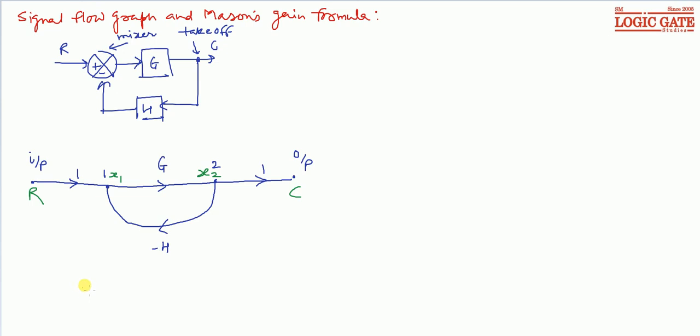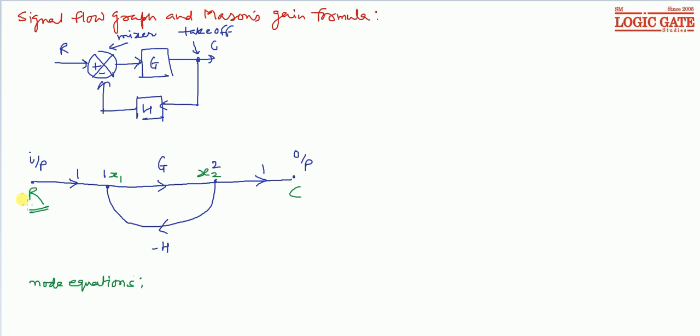Now we will write the node equations. We can write the node equations for all the nodes except for the input node. Why? Because while writing the node equation, we only consider the incoming branches, and the input node does not have any incoming branch.